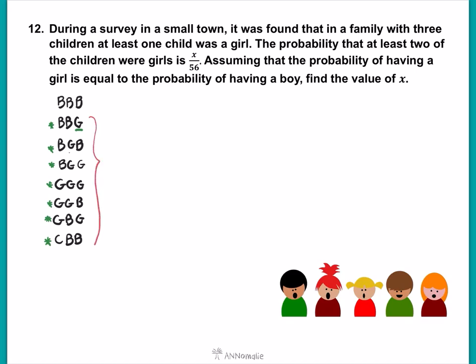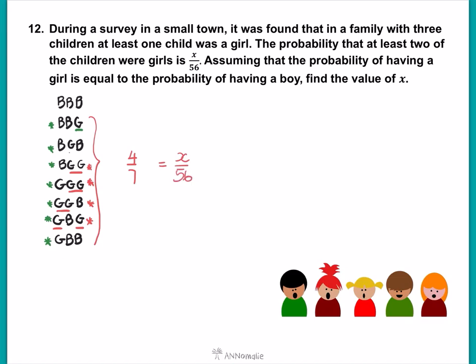And out of these 7 cases, 4 of the 7, let's look at which 4. 2 girls, 2 girls, 2 girls, and here we have 2 girls. So we have 4 out of the 7 cases. 1, 2, 3, 4 out of the 7 cases. We have 2 girls. And we know that that probability is x out of 56.